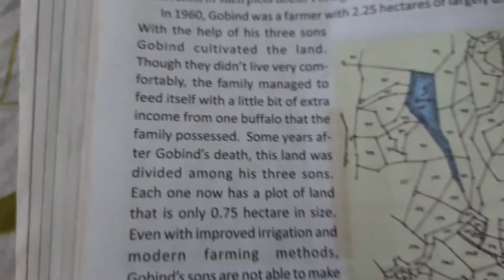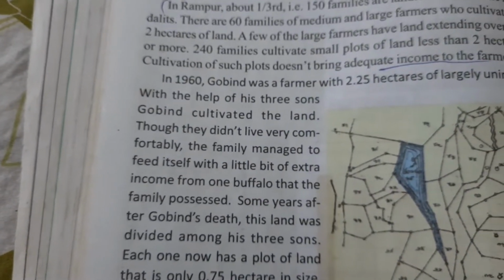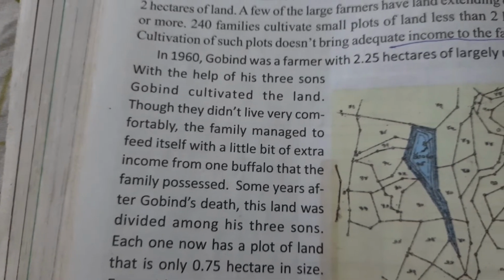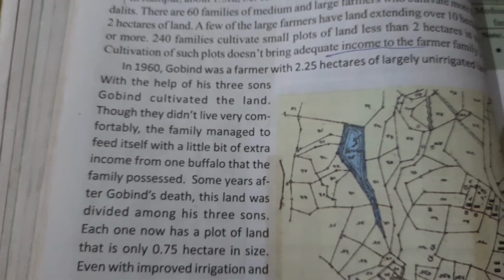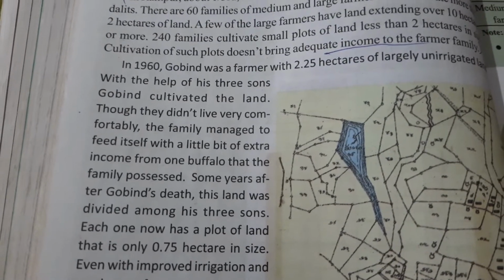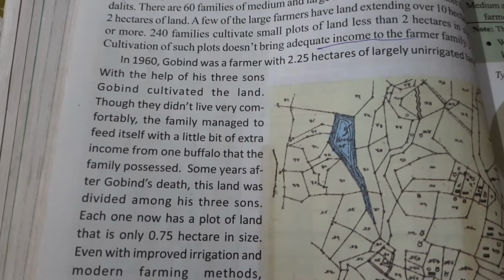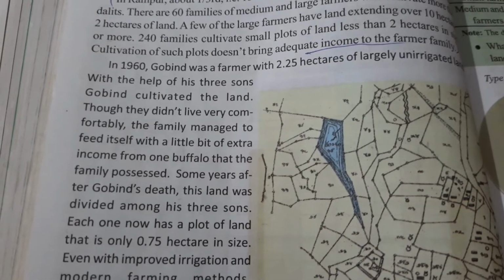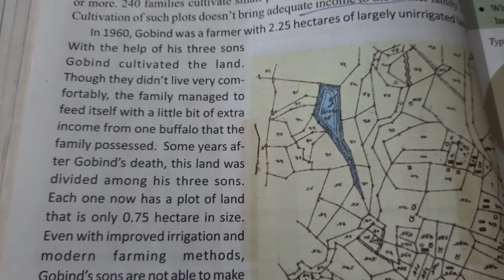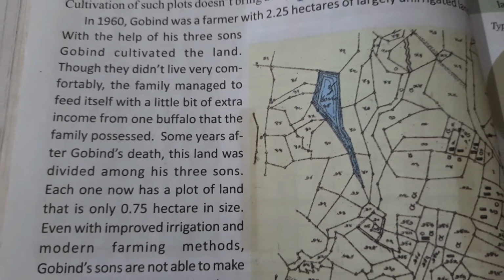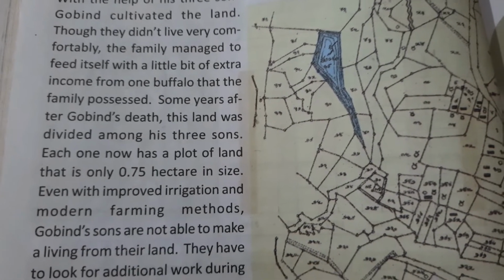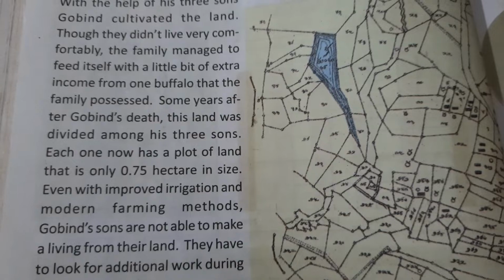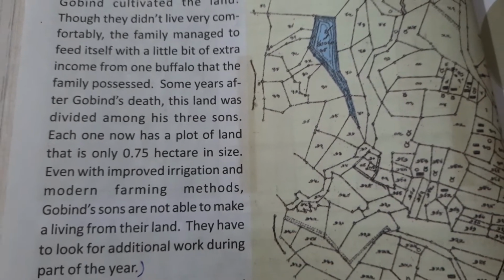Now children, we have one case study in 1960 about Govind. He was a farmer with 2.25 hectares of unirrigated land, and with the help of 3 sons, Govind cultivated the land. Though they did not live very comfortably, the family managed to feed itself with a little bit of extra income from one buffalo that the family possessed.